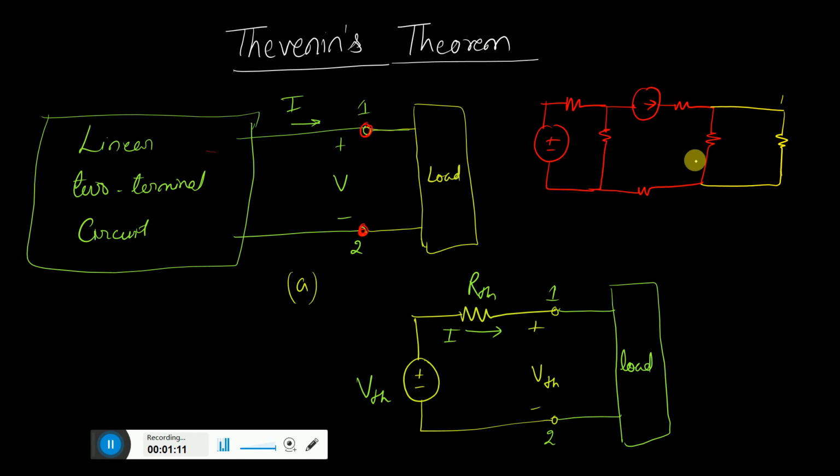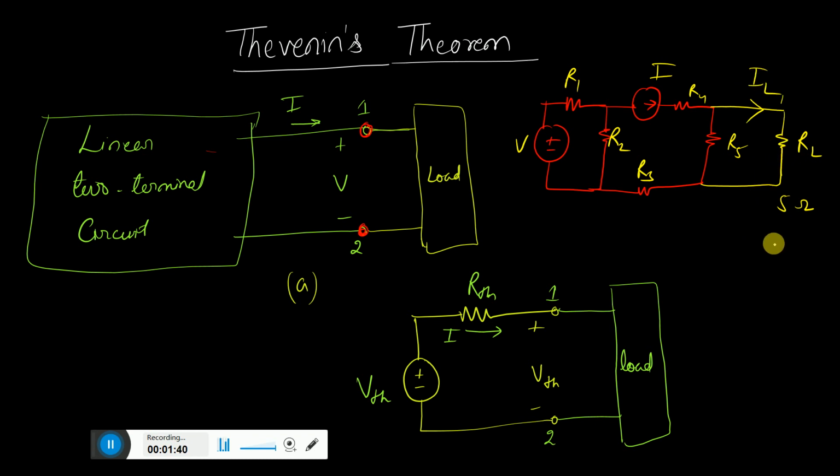Now if the values are given with different values of Vi, R1, R2, R3, R4, and you have RL, R5. If I change the value of RL, initially RL is 5 ohm, then you will use node or mesh analysis to solve and find out the current through this RL.